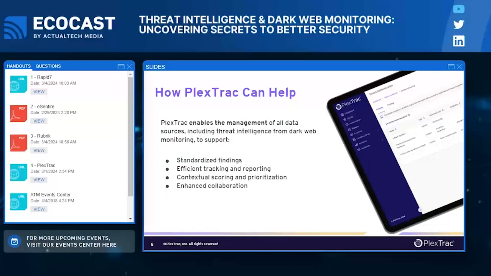The next one is contextual scoring and prioritization. On the prioritization, we can help group these findings in accordance to certain applications or certain network segmentation. For example, if you bring in a load of sources of dark web intelligence, like credential intelligence, that might have different logins and maybe cookies associated to different applications across your organization. What you might want to do is group that accordingly to the applications you're looking to prioritize.